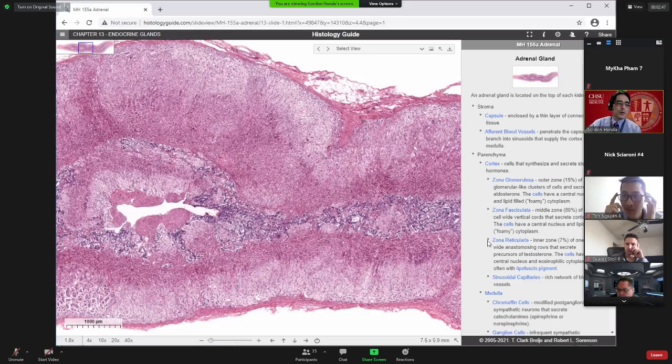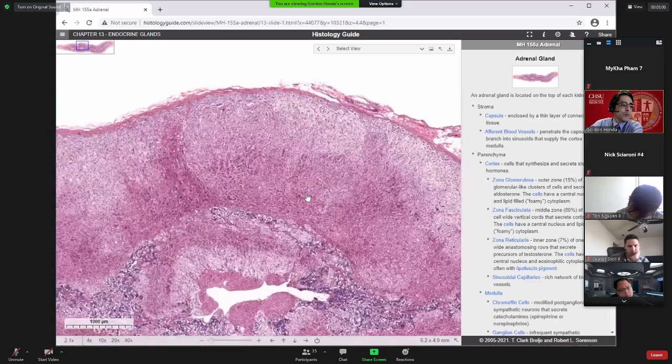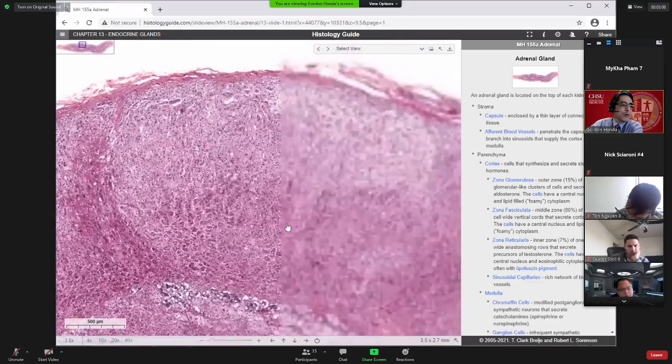And part of that could just be a sectioning. Another thing could be this may not be human adrenal. I don't know that for a fact. But we will go with these numbers, 15, 80, and 7%, even though it's not represented here in the actual image. So let's just kind of dive into this.